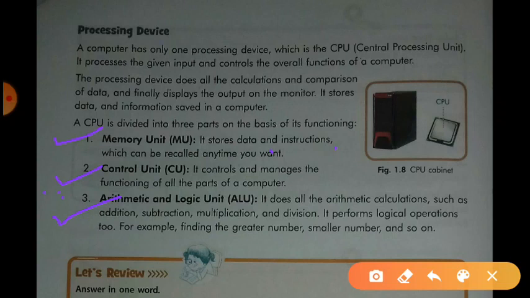Dear students, when you make any document and save it, then in future you can reopen it. Control unit controls and manages the functioning of all the parts of the computer.